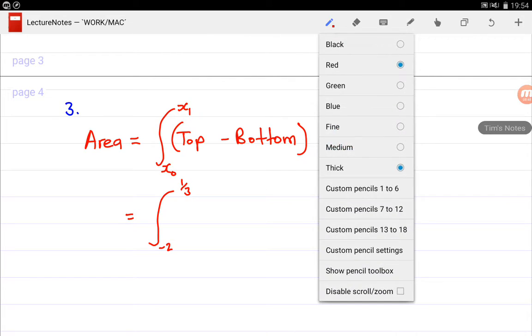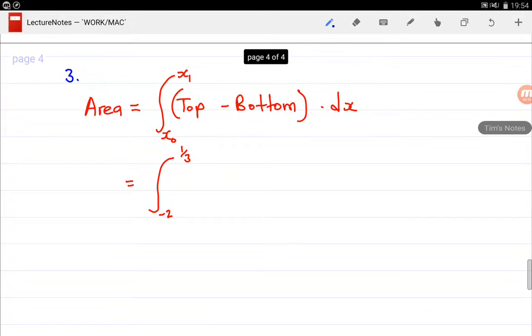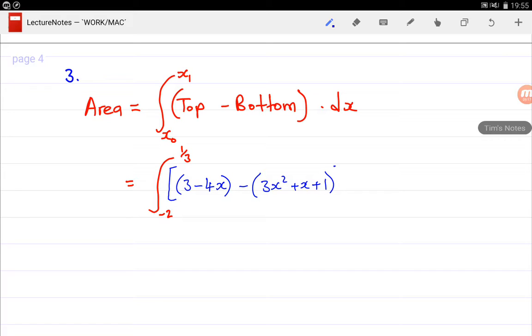Okay, so I'm going to switch back to blue. I think that will do nicely. I'm going to use a smaller inking. Okay, so I'm just going to put brackets there, and we're going to have 3 minus 4x, and that's our g of x, minus 3x squared plus x plus 1, and it's going to be dx.